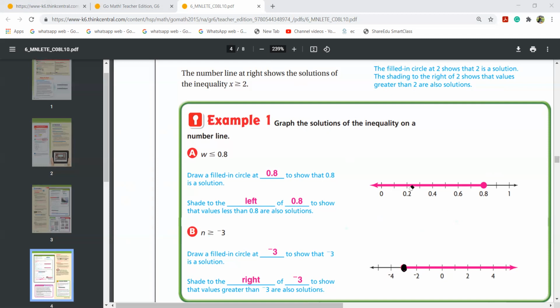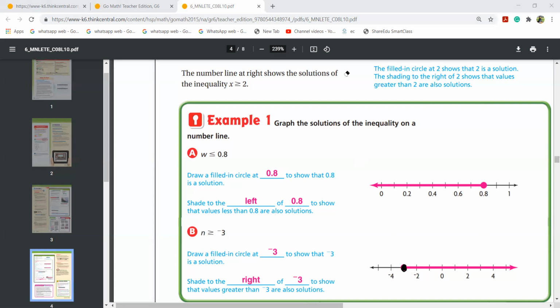Shade to the right side. Minus 2 is greater than minus 3. 0 is greater than minus 3. It goes to the right side.